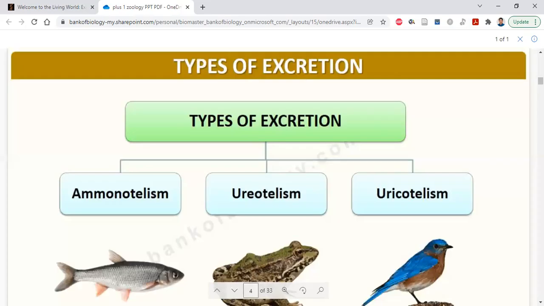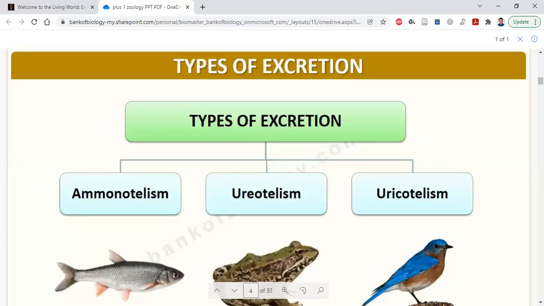Filtration is the main process of the kidney. Some amount of urea may be retained in the kidney matrix of some of these animals to maintain the desired osmolarity.